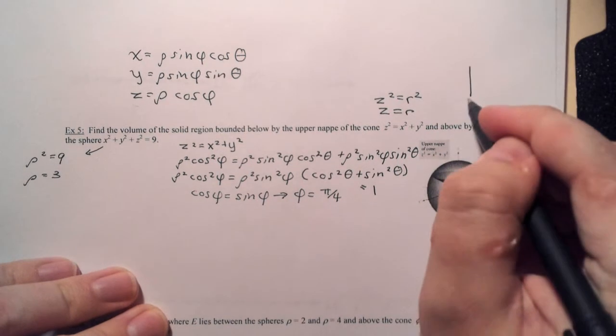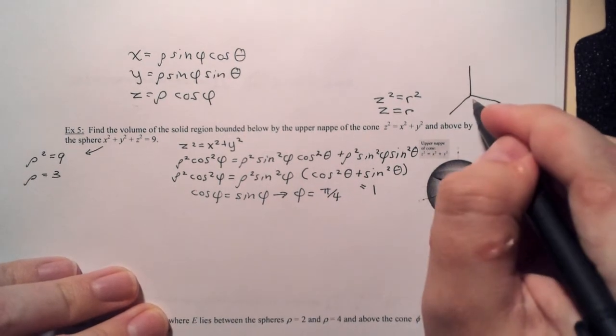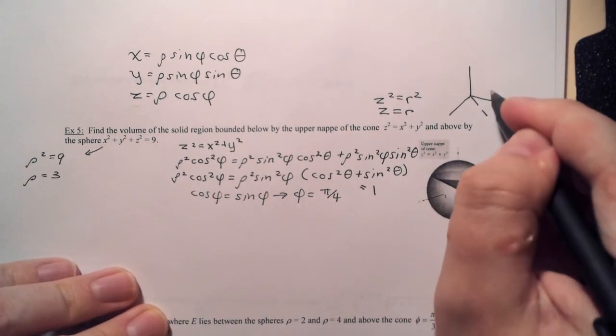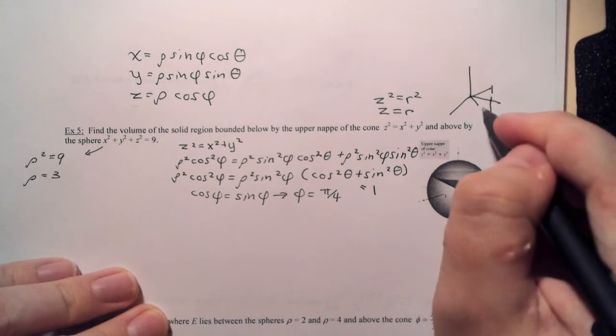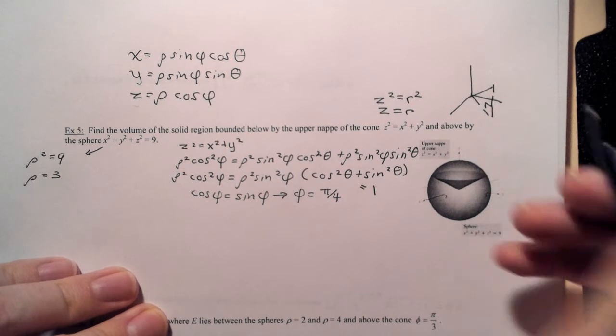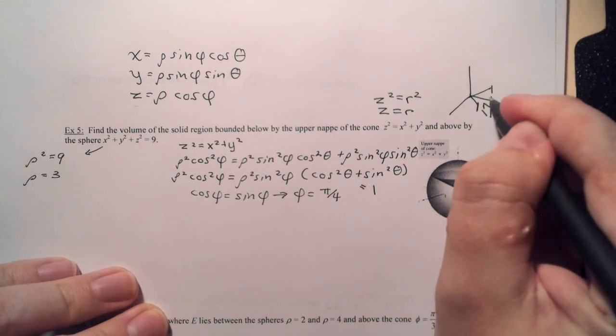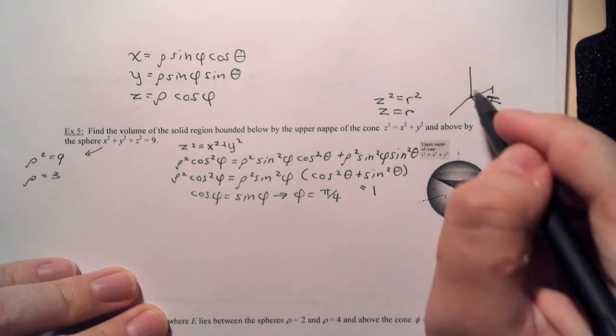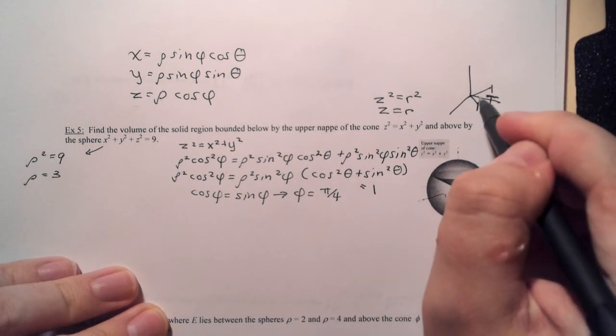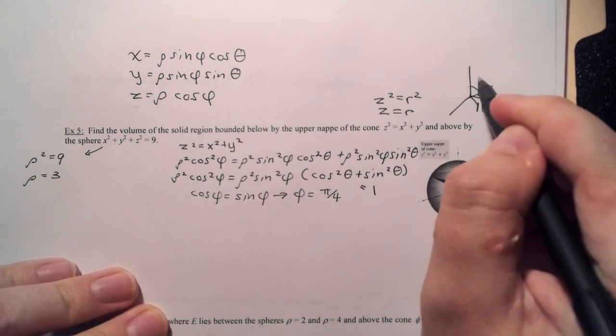So if I think about what that means in 3 dimensions, I've got some radius r, and I've got some height above the plane, z. What I've got here is a little right triangle with congruent legs, which of course means I would have a 45-degree angle here, or for that matter, out here.